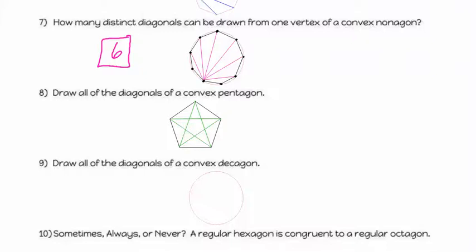Decagon, so 10 points. 1, 2, 3, 4, 5, 6, 7, 8. All right, make sure I got all 10. Yep. Draw in our segments. Connecting the dots, always a fun little game.